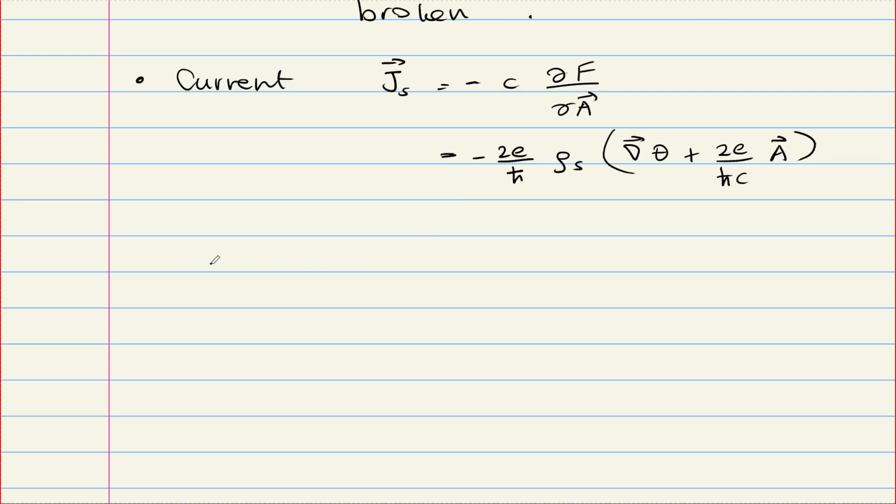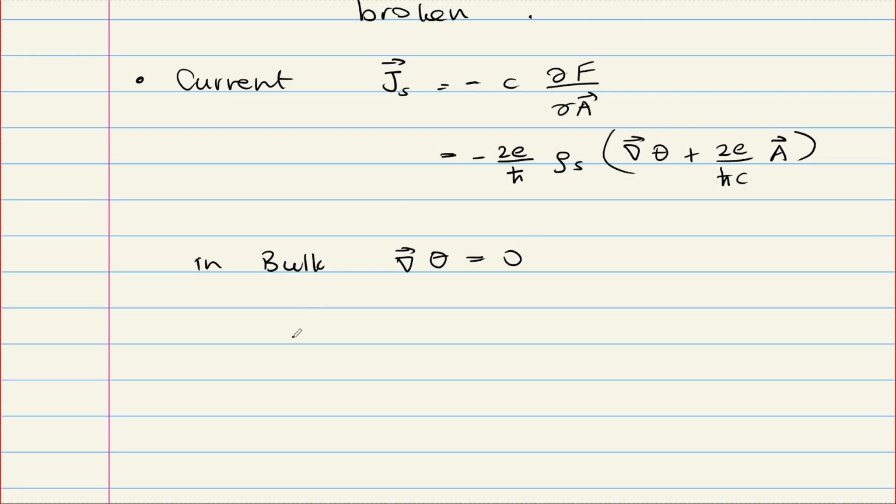In bulk means there is no boundary, an infinite system. We pick a uniform theta everywhere because that's the symmetry breaking. That means del theta is going to be 0 in the bulk.